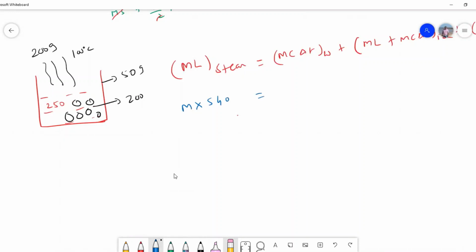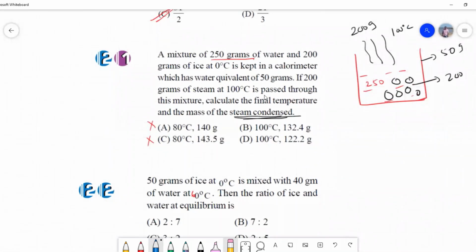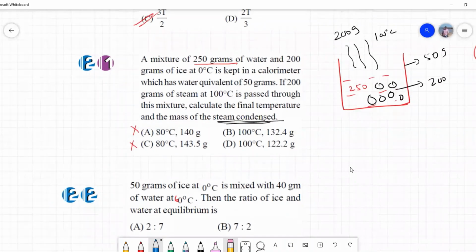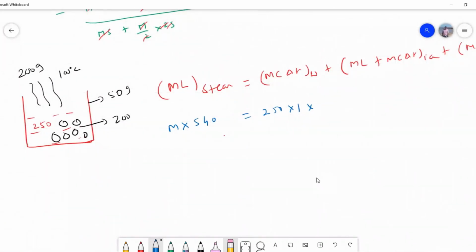And how many grams of water is there? 250. Specific heat is 1. Initially, what is the temperature? Initially ice and water are there, which means they are at 0 degrees centigrade. See, a mixture of 250 grams of water and 200 grams of ice at 0. So the initial temperature of water is 0. Final temperature 100. So it will be 100, plus ice at 0 becomes water at 0.